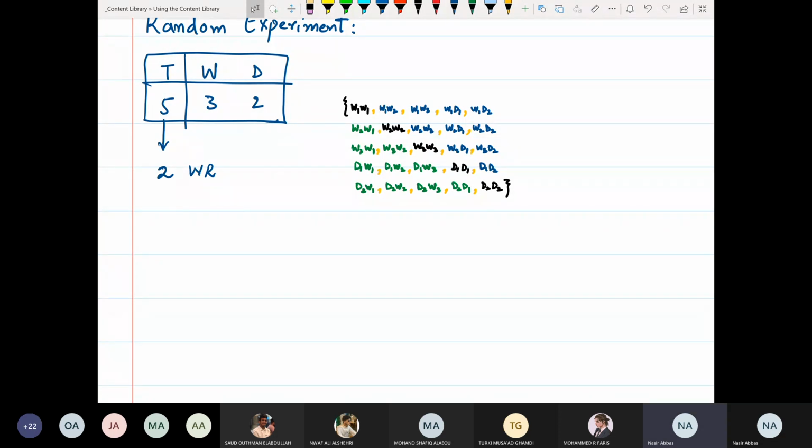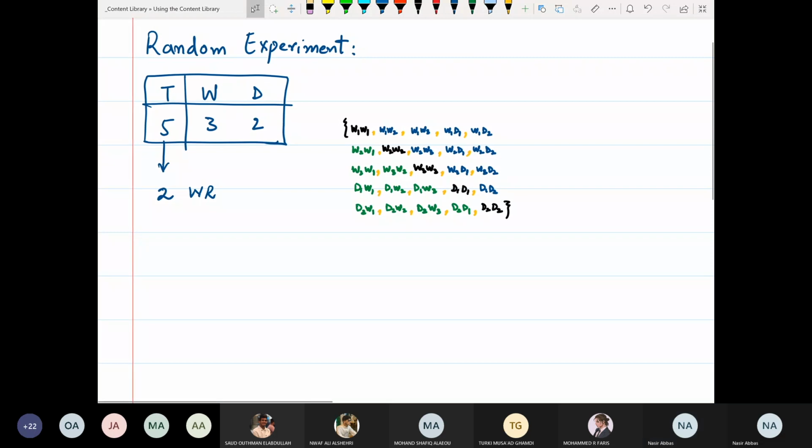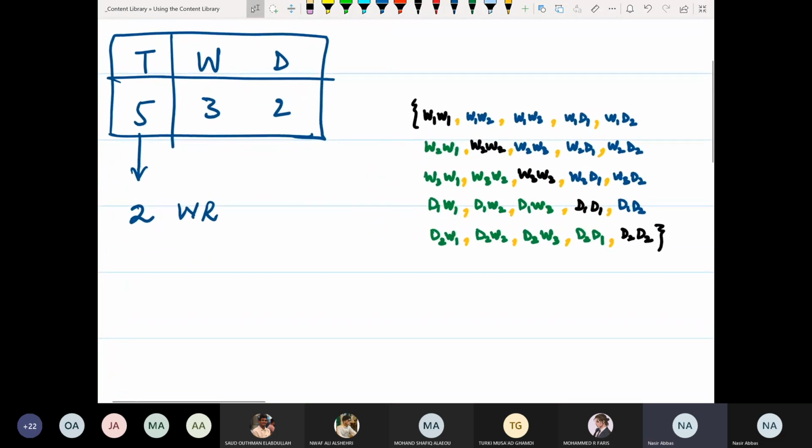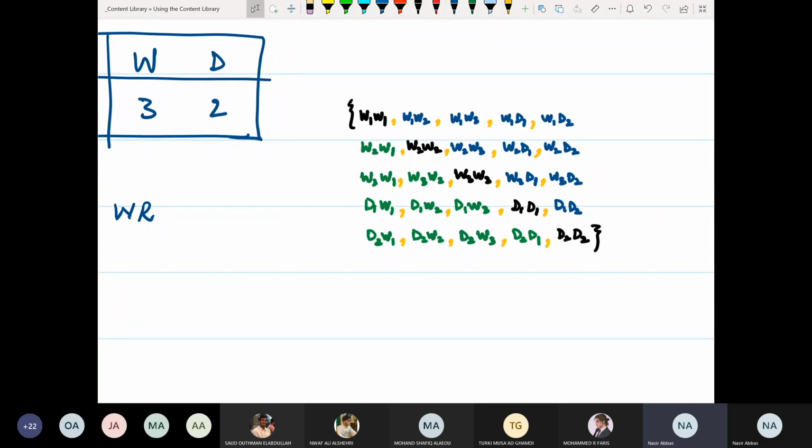So if I tell you to look at the first outcome, let me zoom it in. Look at the first outcome. There is W1, W1. In this first outcome, how many defective items are there? None, 0. Look at the second outcome. How many defective items are there? 0, 0.